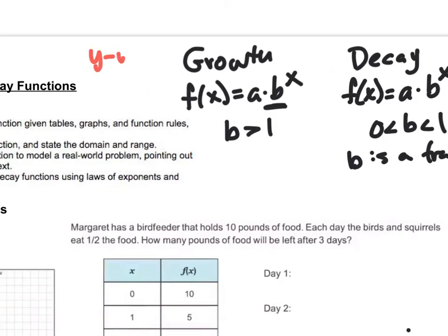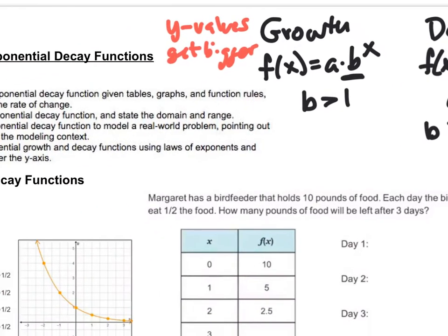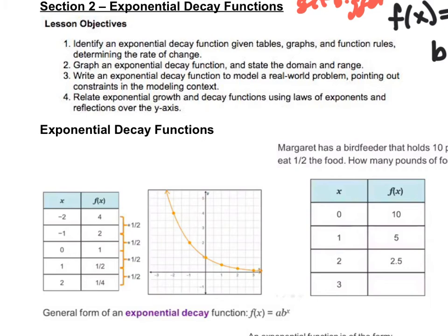And decay functions mean that y values get smaller. We'll go ahead and talk about how we get that and why that happens.